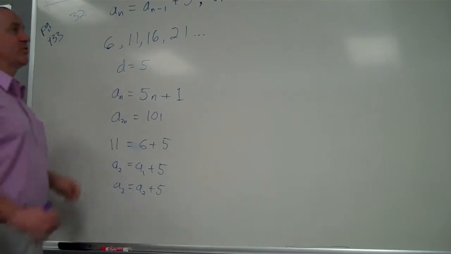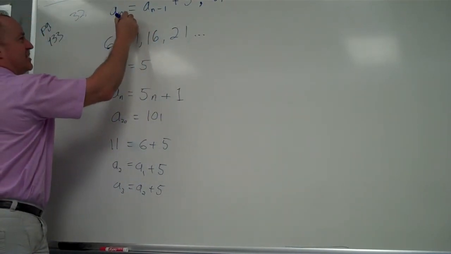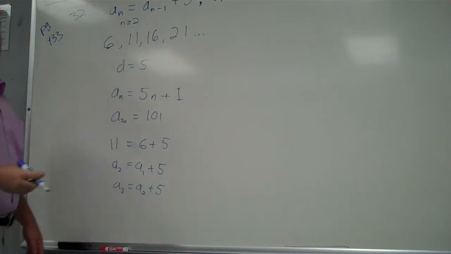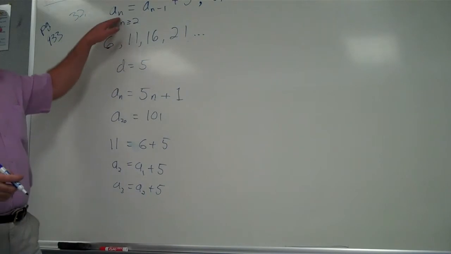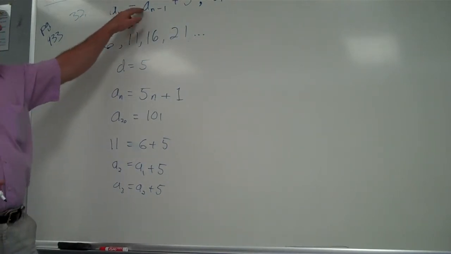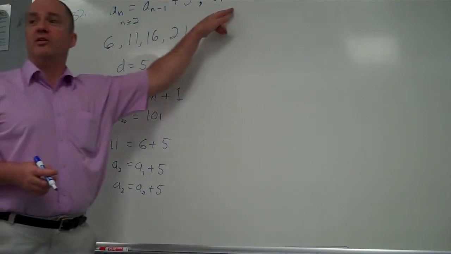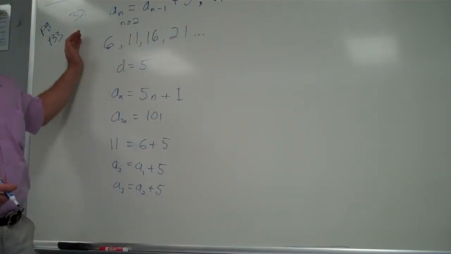This recursive rule starts working when n is greater than or equal to 2. That's what I was wondering, because I never understood how... Yeah, this is meaningless if n is 1. A sub 1 equals a sub 0, and we don't have an a sub 0. We could guess that a sub 0 is probably 1 because it's 5 less.